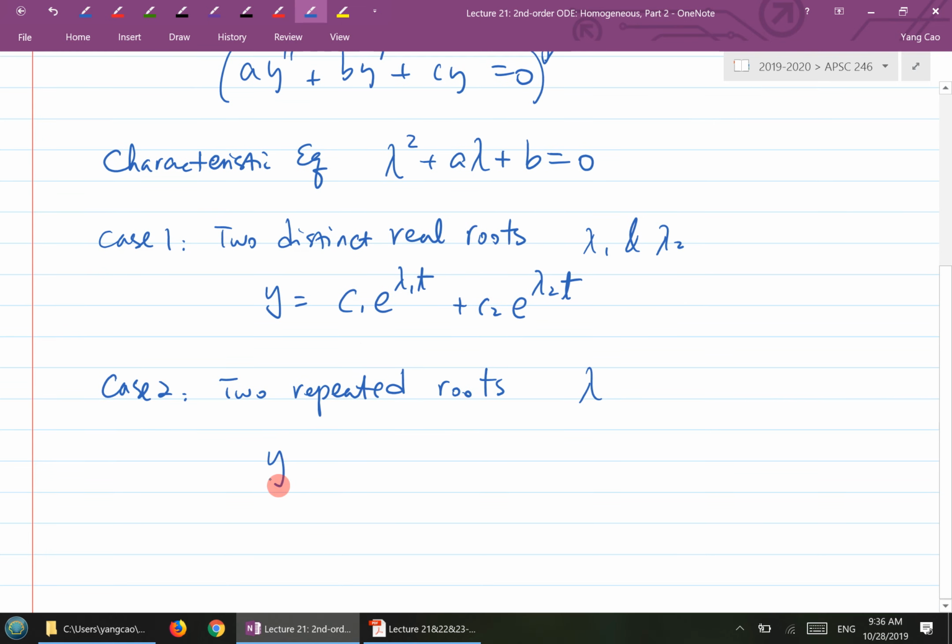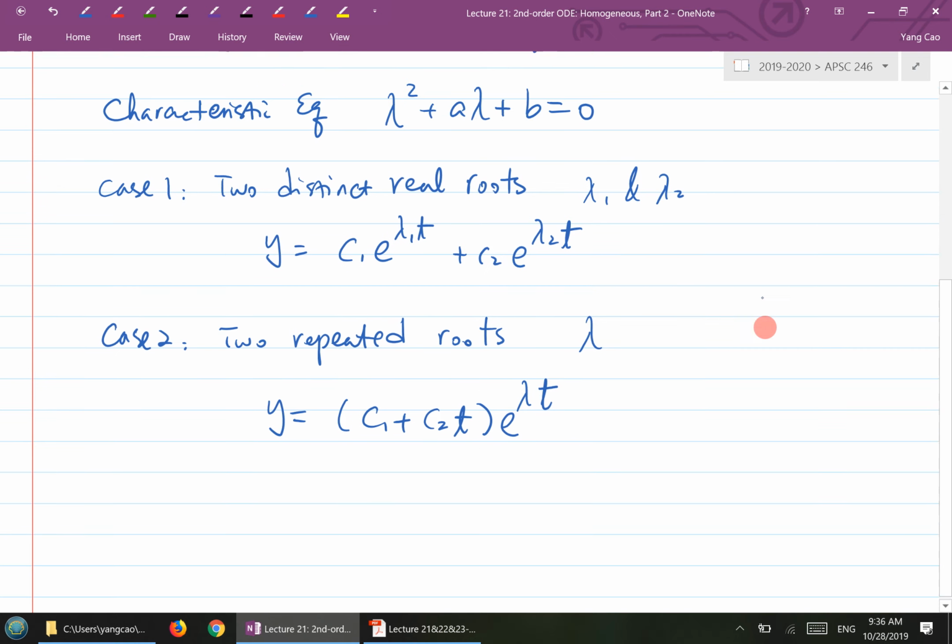Then in this case, your general solution is y equal to c1 plus c2 times t, times e to the power of lambda t, where lambda is the root. So this is case number 2.